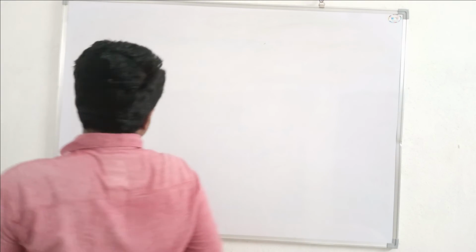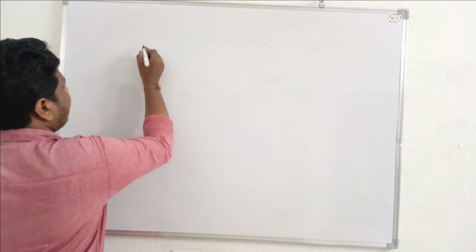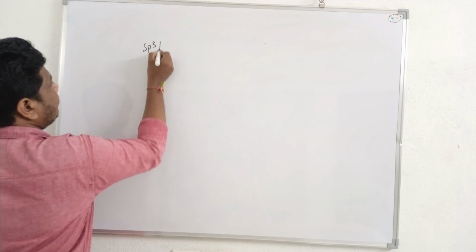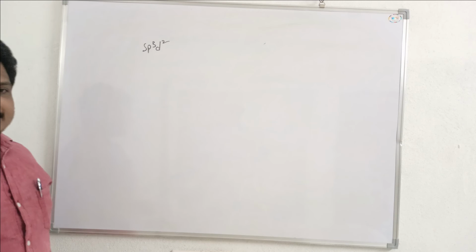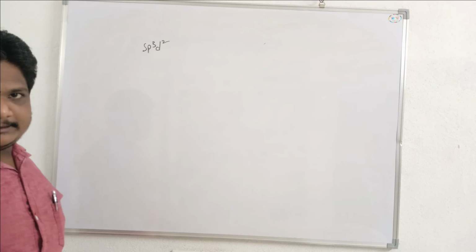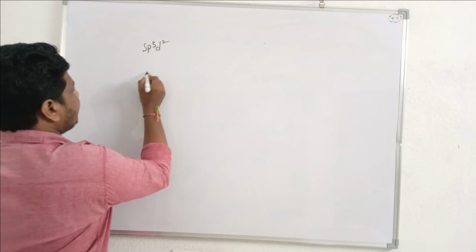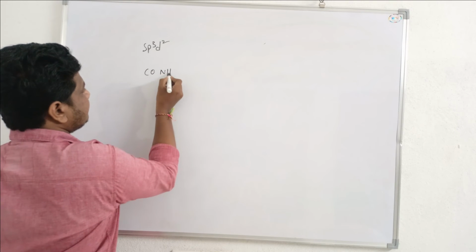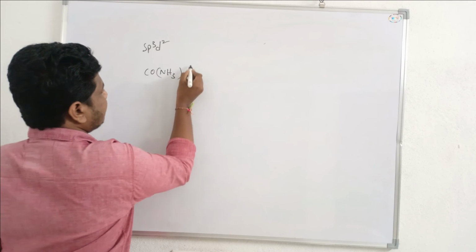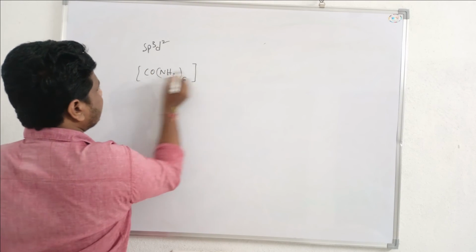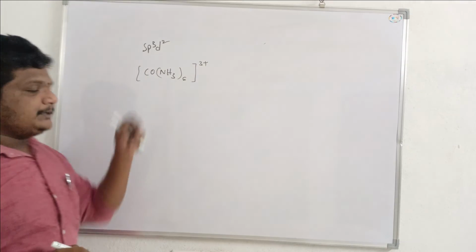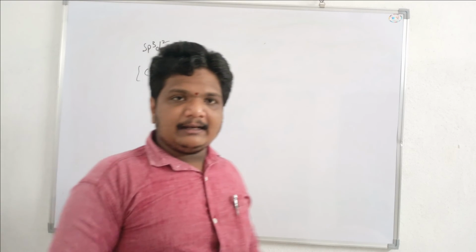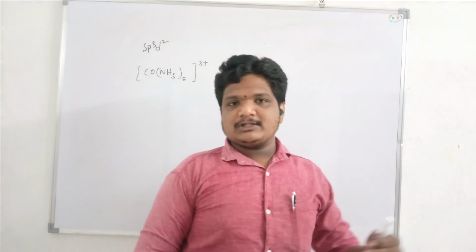Now here in this case they have given sp3d2 hybridization. They have also given [Co(NH3)6]3+. So in the case of sp3d2 hybridization, generally we can observe octahedral geometry.